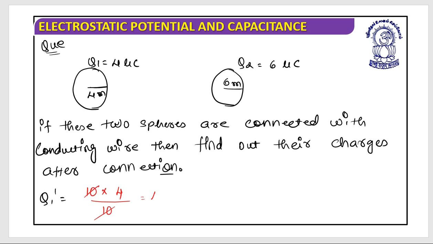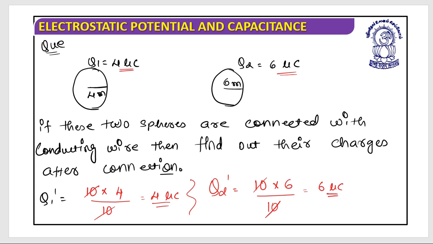So this would be 4 microcoulomb, and from the formula you know that Q2 dash would be equal to Q total, 10, multiplied by R2, 6, divided by 4 plus 6, 10. So again this is 6 microcoulomb. Now why does this happen? Even though they have been connected with the conducting wire, their charges remain the same.